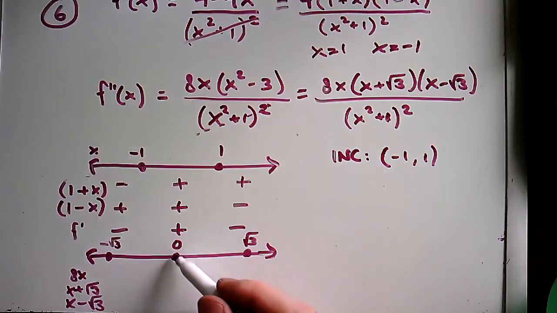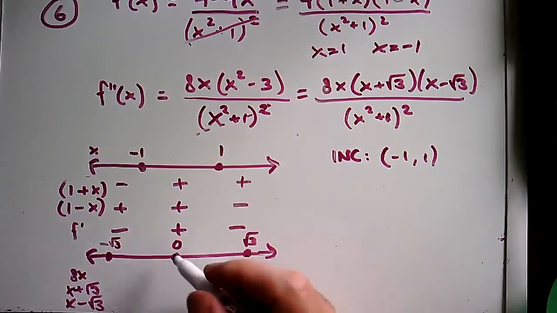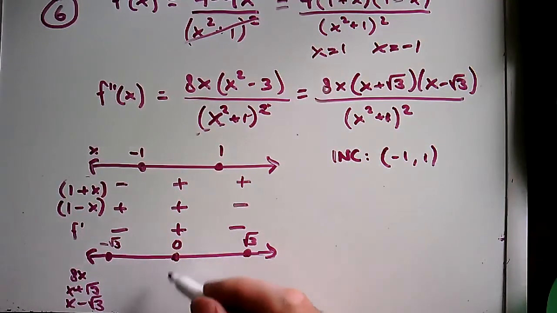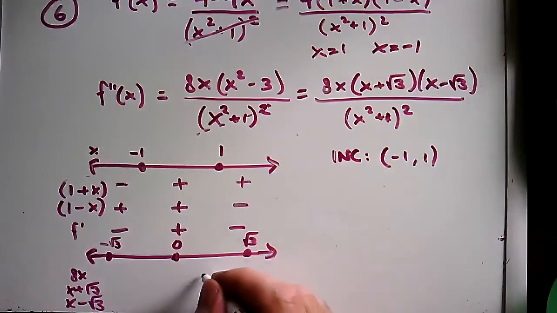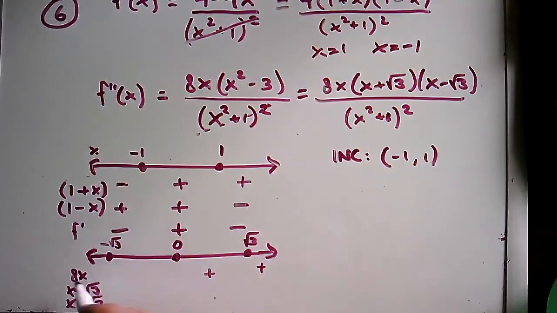Okay, so if x equals 0, then 8x is 0, right? So we know that the second derivative itself will be 0 here, and that's the dividing point. Everything to the right will be positive for the factor 8x, and everything to the left will be negative, right? All we're doing is taking that number and multiplying it by 8. Okay, how about x plus root 3?